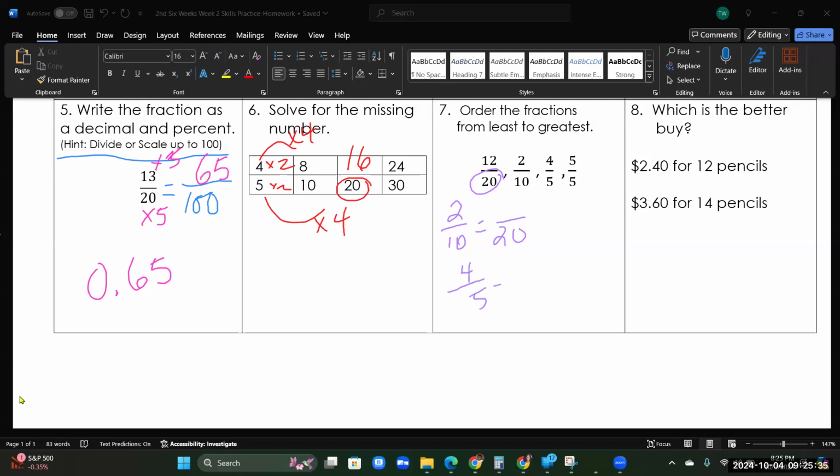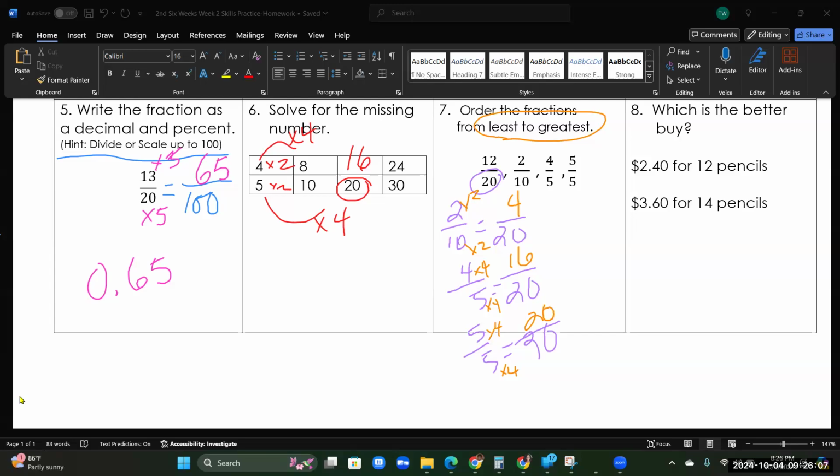So we're going to make equivalent fractions first with 20. 10 times 2 is 20, so 2 times 2 will give us 4. 5 times 4 is 20. 4 times 4 will give us 16. 5 times 4 is 20 again. And 5 times 4 again will give us 20.